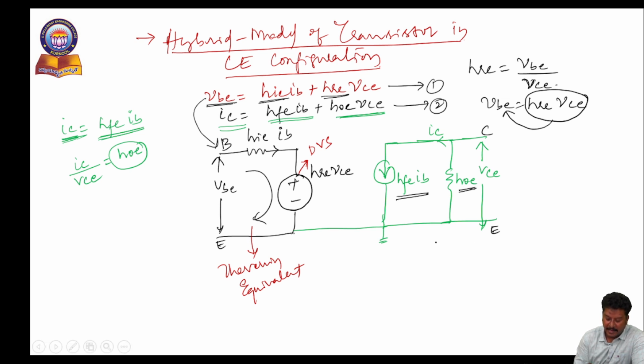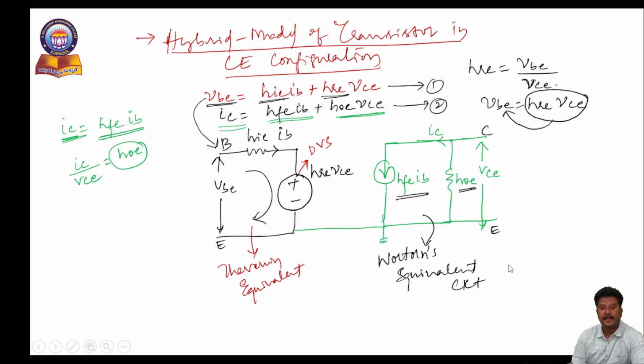I consider this equivalent to a Norton's equivalent circuit, where however many current sources there are, we combine everything as a single current source, and whatever resistors there are, we combine into a single resistance connected in parallel with that current source. That becomes Norton's equivalent.